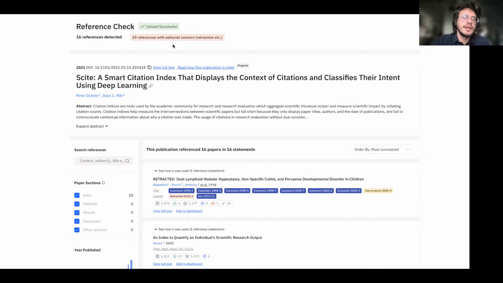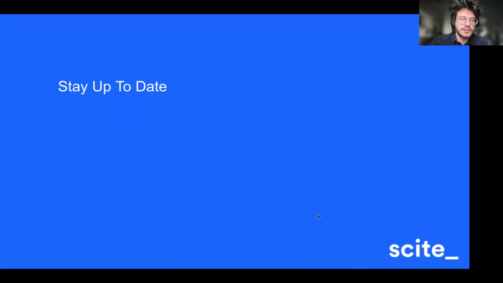So it shows the references you've used and flags things like you should look at the editorial notices here. There's many comments. There's an erratum, there's a retraction, there's an expression of concern in these badges, and all of these badges link to that information, so you can inspect. But also, you might want to see if a reference you're using in your manuscript that you uploaded here has been highly disputed or something.